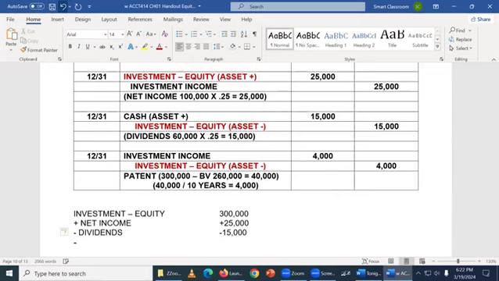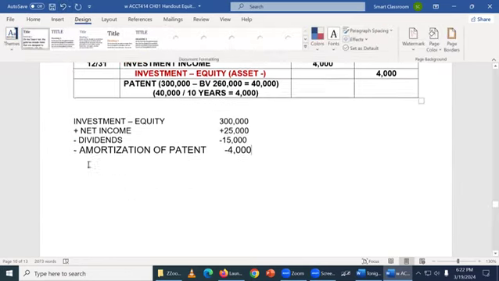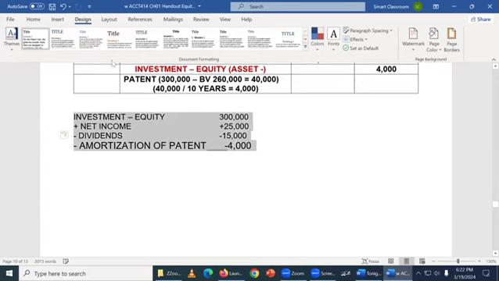And then we're also going to subtract out the amortization of the patent, minus 4,000.